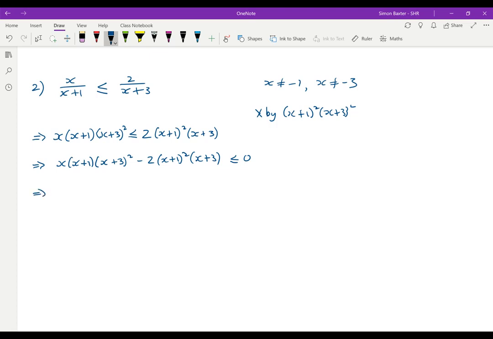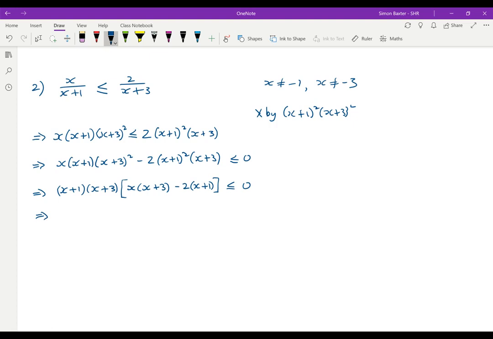Factorize. I've got an x plus 1 and an x plus 3. Not surprising. Those were the surplus or the extra factors. If I take x plus 1, x plus 3 out, I'm left with x times x plus 3, minus 2. Take an x plus 1, I'm left with 1. Take the x plus 3 and it goes.